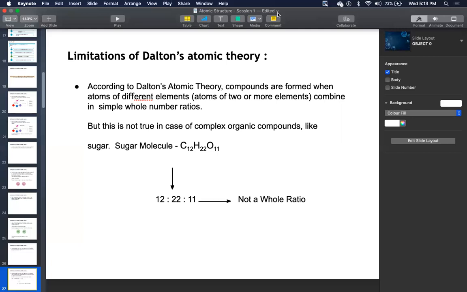Okay. Now can I say that one of his postulates says that the smallest particle that takes part in a chemical reaction is an atom? Is this still considered right? Yes or no?